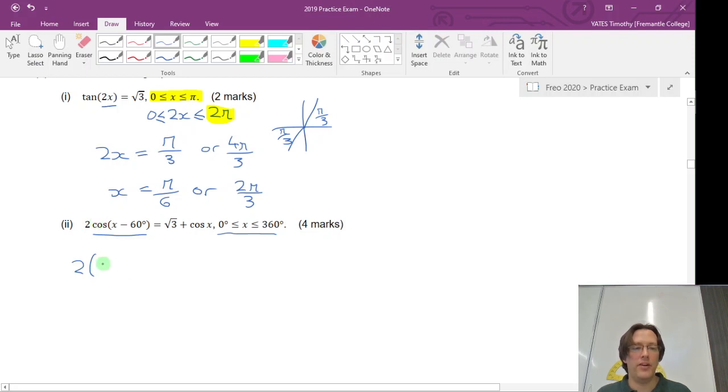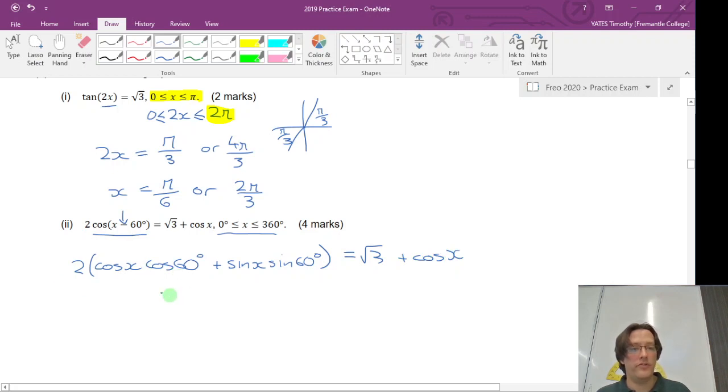So I'm going to put a bracket right out the front of this and expand this in here. That's going to be cos x cos 60 plus, so remember it's the opposite sign of what we've got there, sine x sine 60 degrees equals root 3 plus cos x.